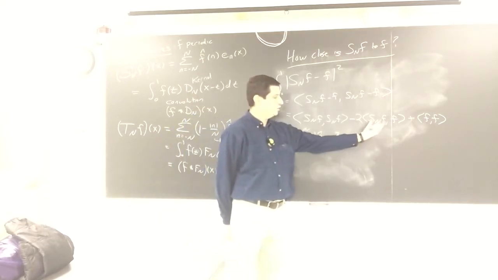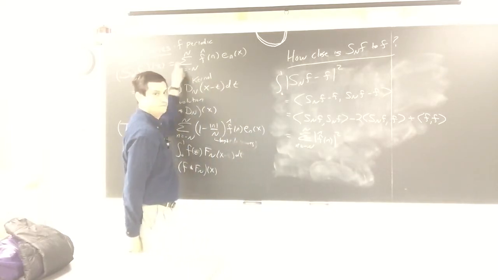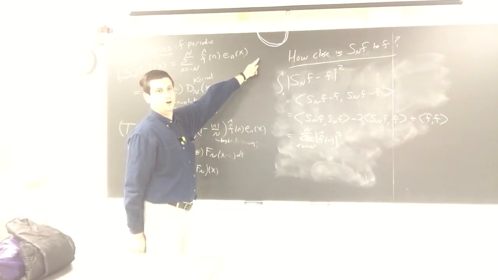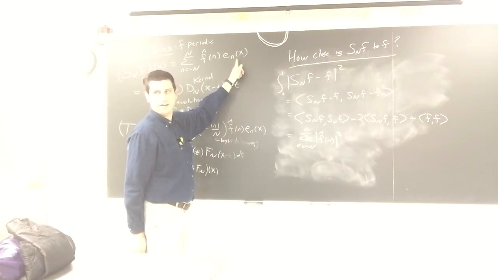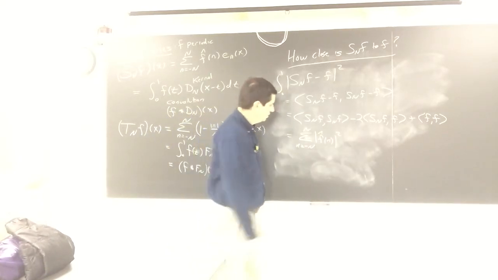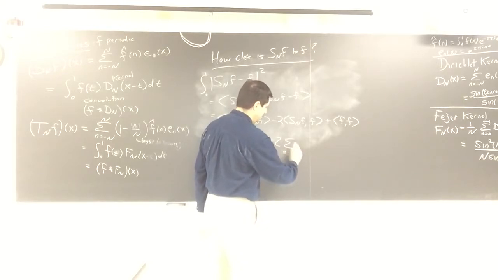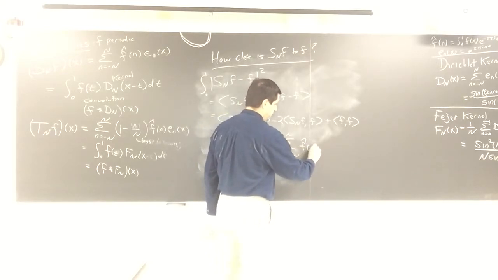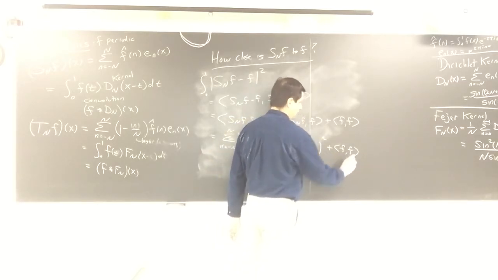When I look at what's going on over here, if I look at Sn dotted with f, well, all that's going to matter is when I integrate this against En, I'll just get back f hat of n. So I'm essentially going to get back the same thing twice. So I will leave the calculation to you: minus twice the sum, and it goes from minus n to n of f hat of n squared, plus ⟨f, f⟩.